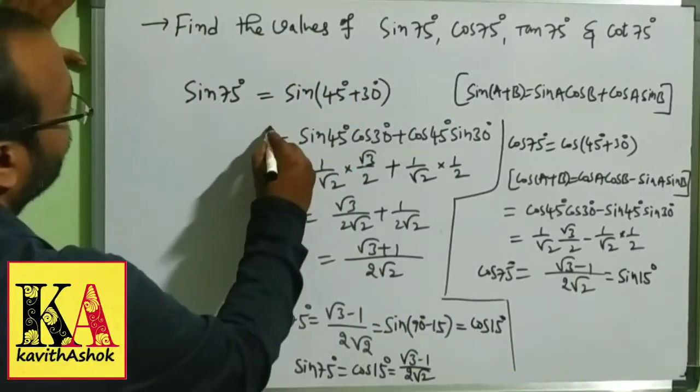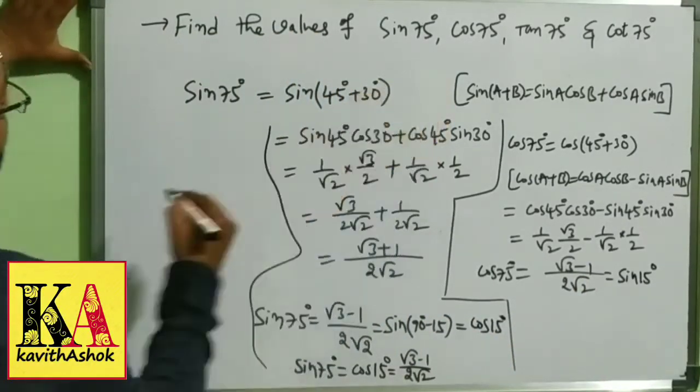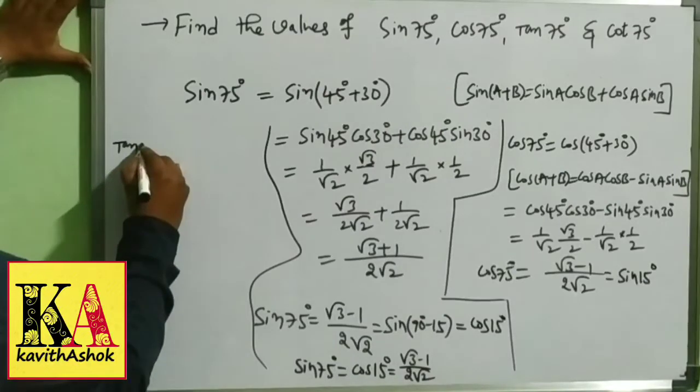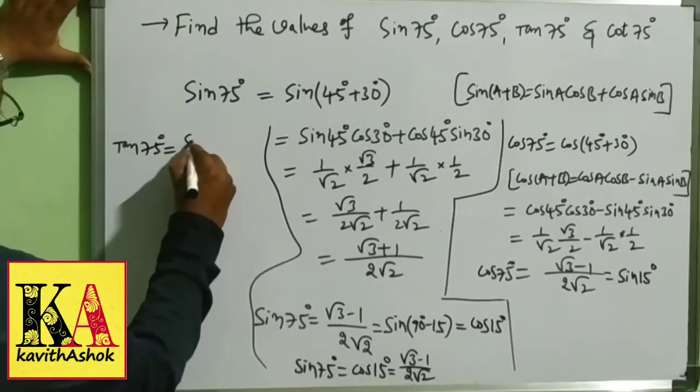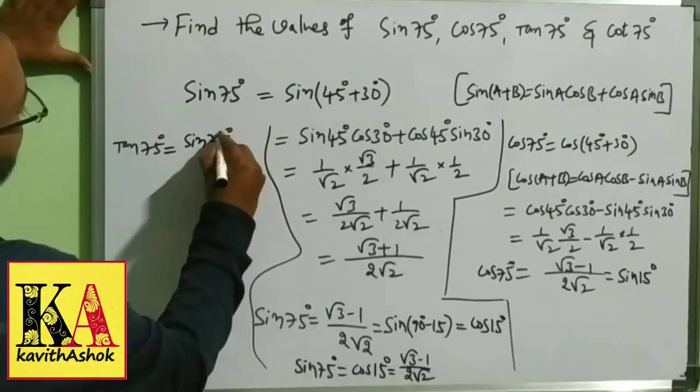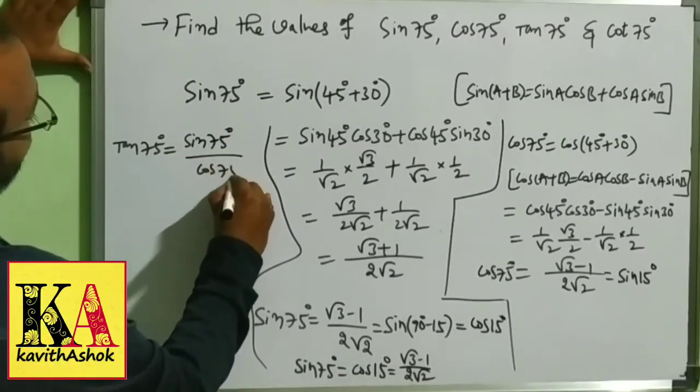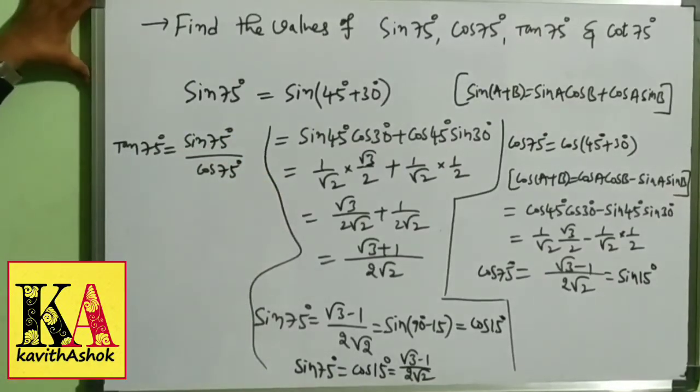We have tan 75 degrees, which is nothing but sin 75 degrees by cos 75 degrees, because tan theta is nothing but sin by cos.